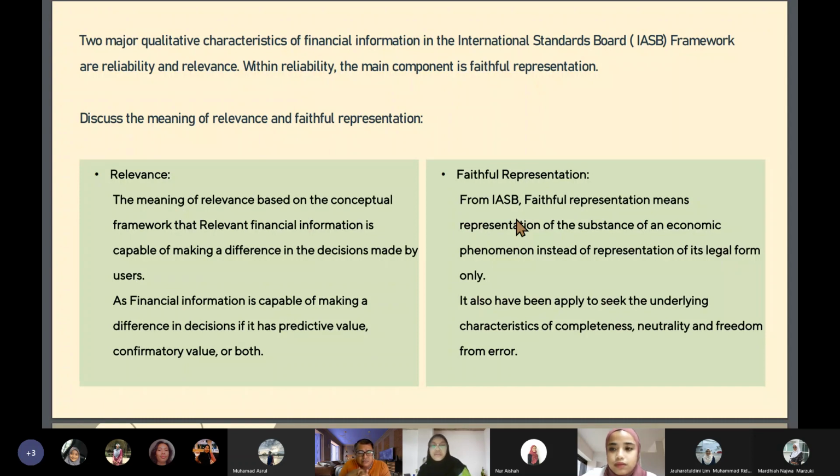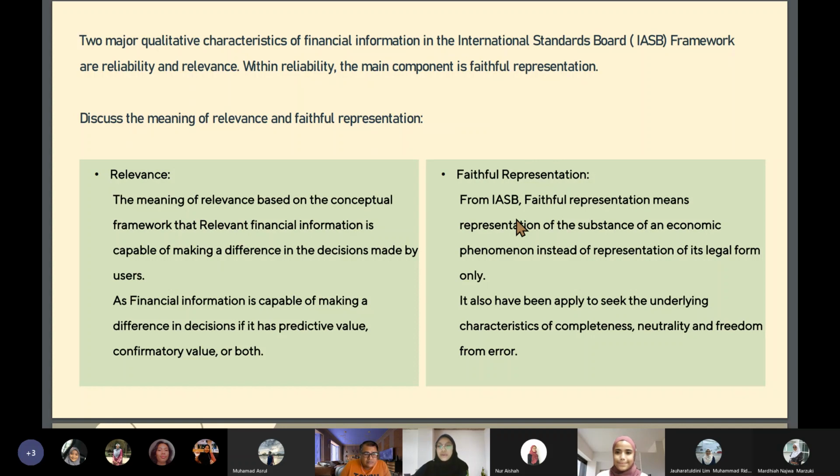This is based on my answer and a bit from the revised Conceptual Framework 2018. The meaning of relevant, based on the conceptual framework, is that relevant financial information is capable of making a difference in the decisions made by the users. As the financial information is capable of making a difference in decisions, it will have predictive value or confirmatory value or both.